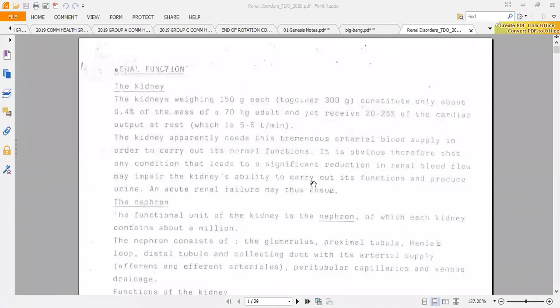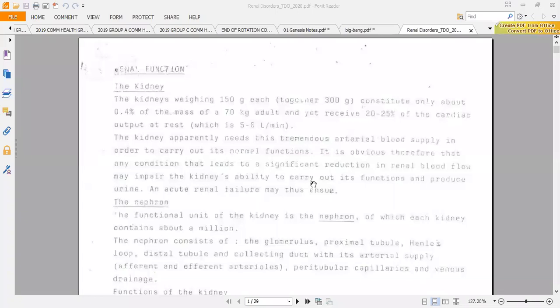So the reabsorption of sodium and water from the distal convoluted tubule into the collecting duct is dependent on hormones. When we get to the collecting duct, it's also for reabsorption of water, and this time it is dependent on ADH. So basically, these are the parts of the nephron, and these are the functions of the nephron.